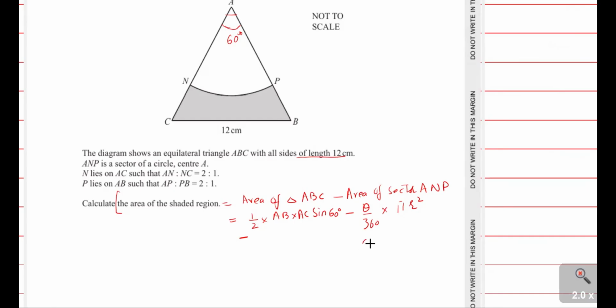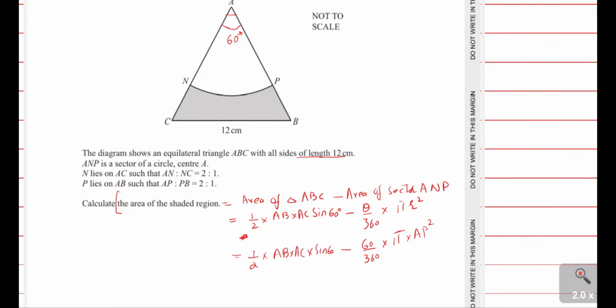Here theta is 60 and 360 we write as it is. Pi into r squared, where r is the length of the radius of sector A and P. Here the radius will be AP, so we write AP squared. And we write 1 over 2 AB into AC into sine 60.